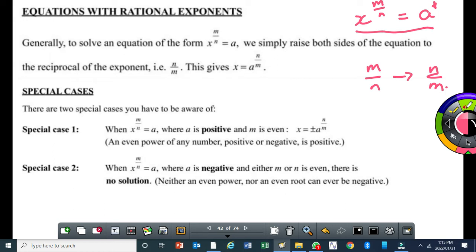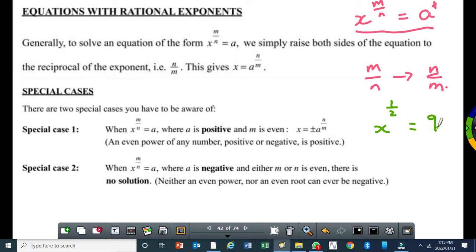For example, if I give you an equation like x to the power of a half is equal to, well, let me put 9. Based on the knowledge you have so far, you just take the square root on both sides and solve it. But that's not the only way of doing it.